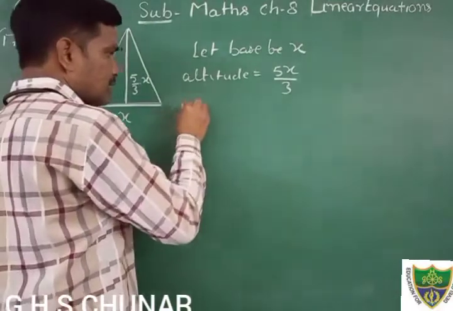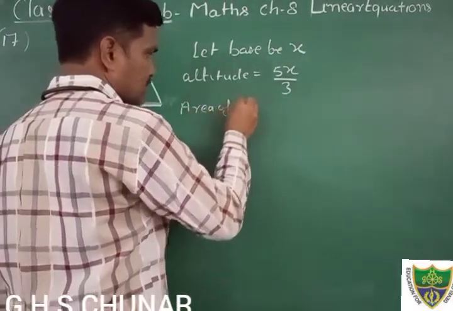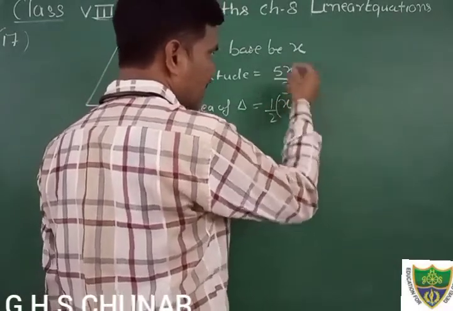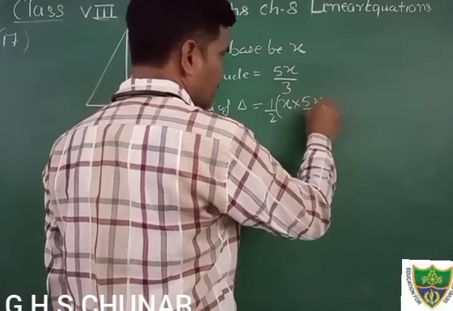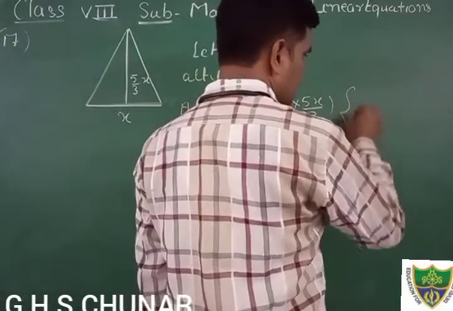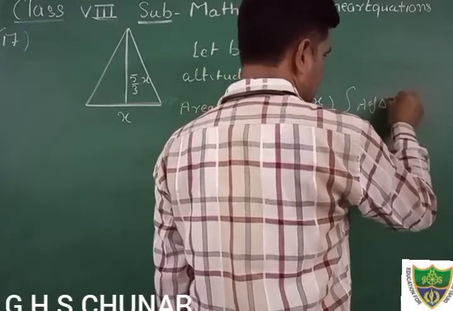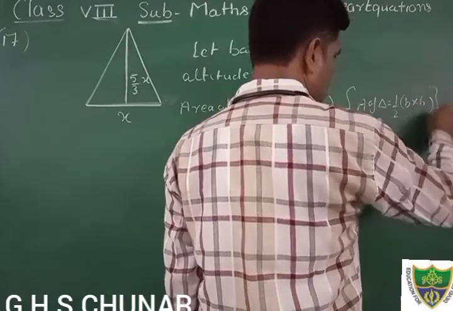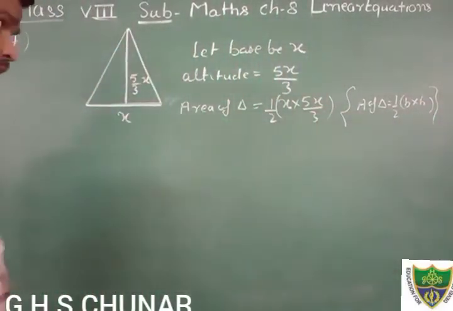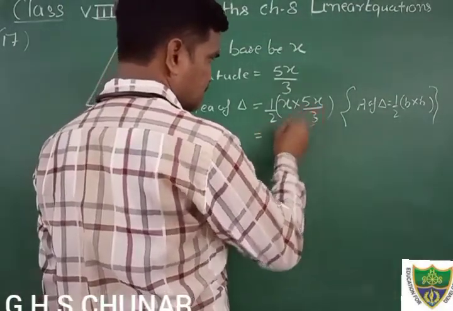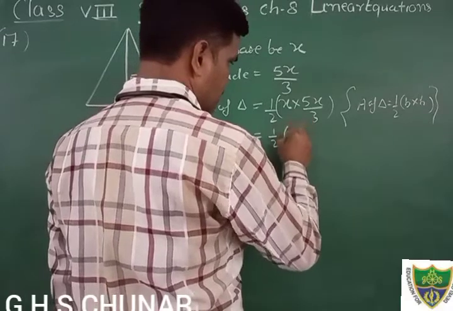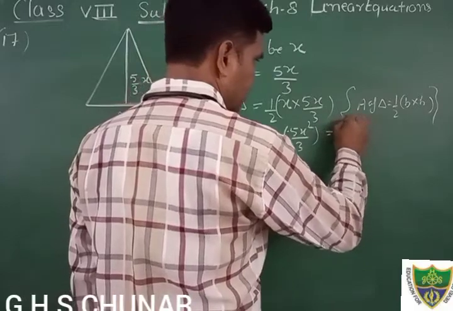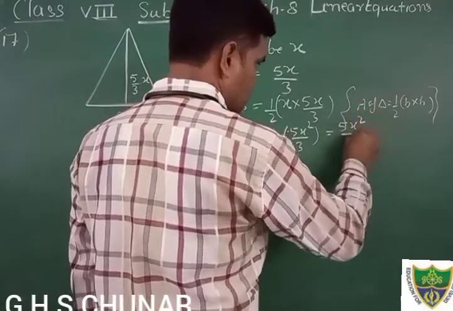Now area of triangle, that is 1 upon 2 base into height. If you find that, it is 1 upon 2 into x into 5x upon 3, that is 5x square upon 6.